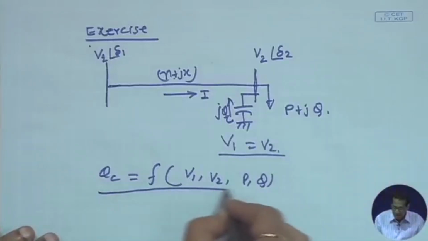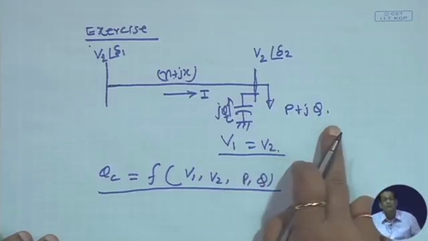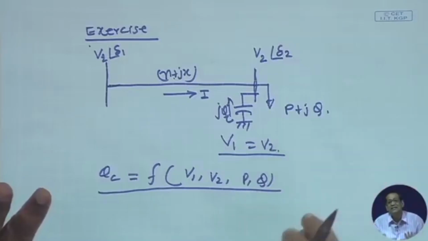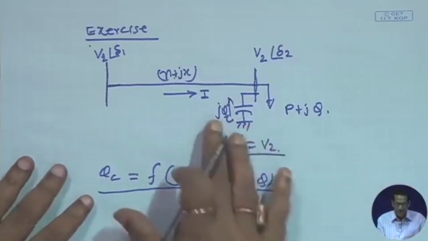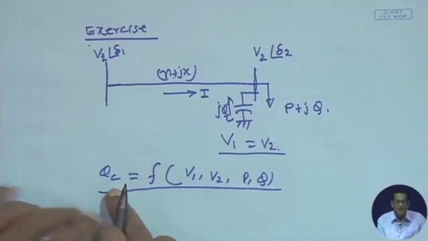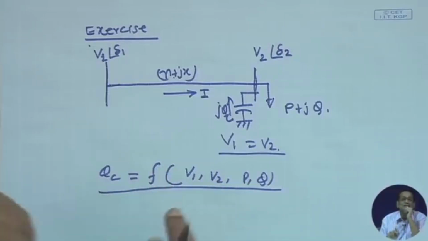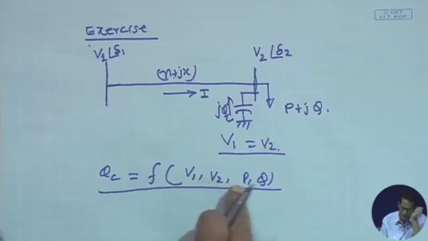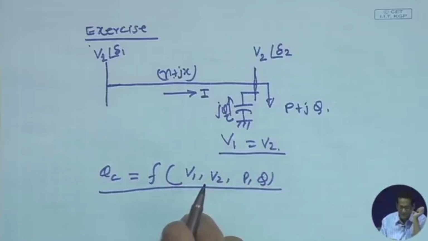The only hint is that when you try to find QC, it will be a quadratic equation in QC. There will be two solutions for QC, one feasible and the other not feasible, but both solutions will be functions of V1, V2, P and Q.